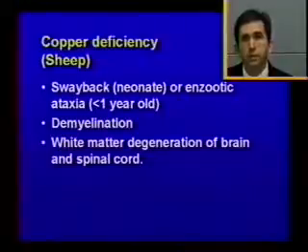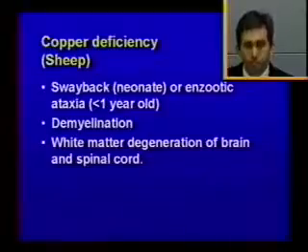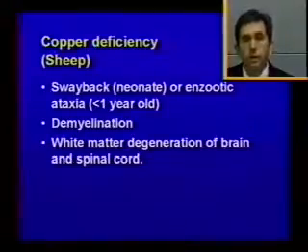So in copper deficiency, the myelin is broken down, nerve impulses are not sent efficiently, and the animal becomes ataxic, or loses control of the limbs. And histologically, a slide would show white matter that was degenerating in both the brain and the spinal cord.